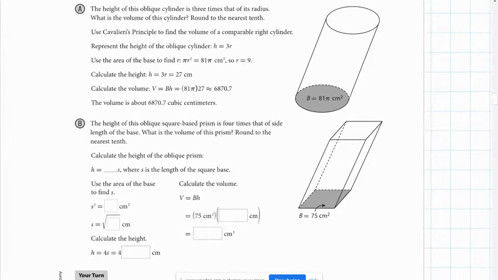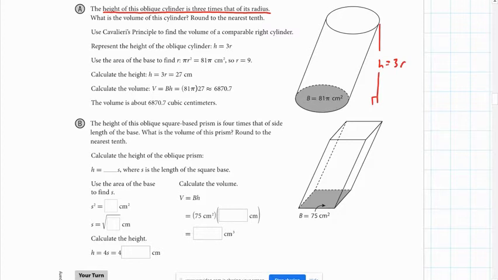And so for this example, they tell us that the height of the cylinder is 3 times that of its radius. So the height perpendicular to the ground is equal to 3r.